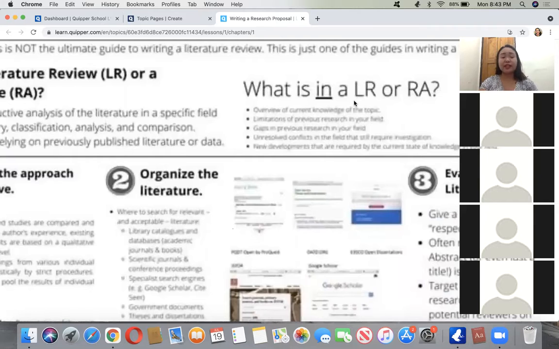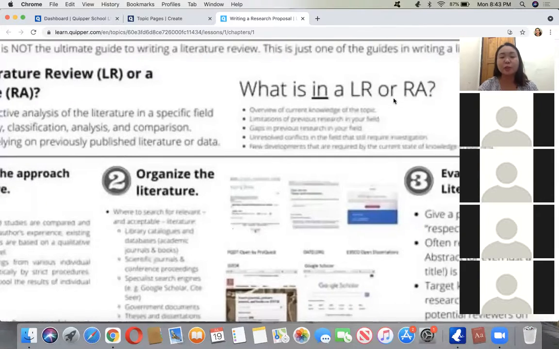There is actually a difference. If you insert the literature review in the proposal, it is the literature review, but you can also publish it along with a different abstract and conclusion. Then it becomes a review article or review paper.